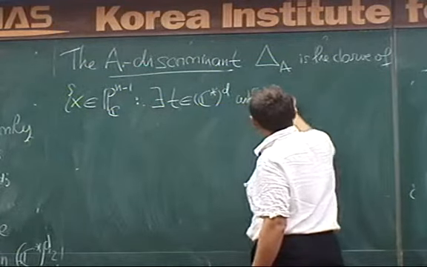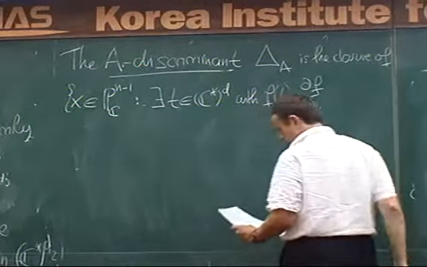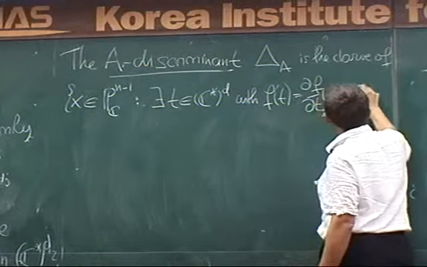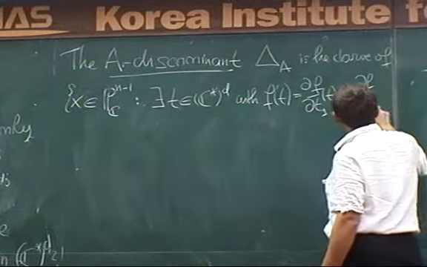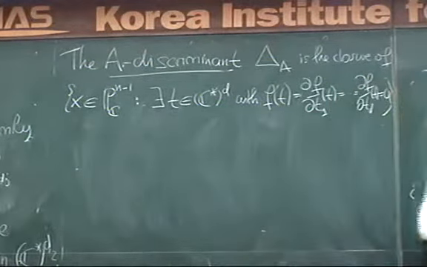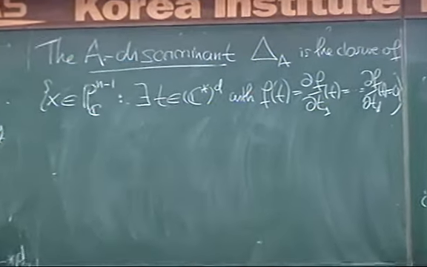So f of t equals 0, the derivative with respect to t1 is 0, all the way to df dtd is 0. Okay? So I write down this system of d plus 1 Laurent polynomial equations in d variables. So I require that f vanishes and all of its partial derivatives vanish. And I'm interested under what condition is there such a singular point t on the hypersurface.